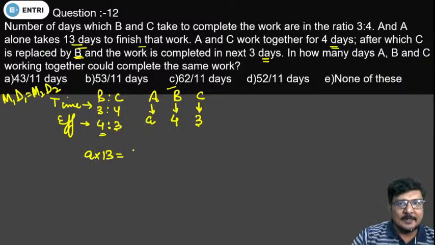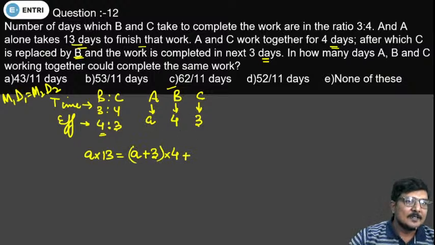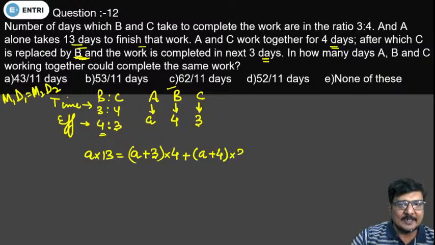A and C work together, so efficiency of A is a and efficiency of C is 3, and they work for 4 days. After that C is replaced by B, so A continues to work, assisted by B. Efficiency of B is 4 and the work is completed in the next 3 days.